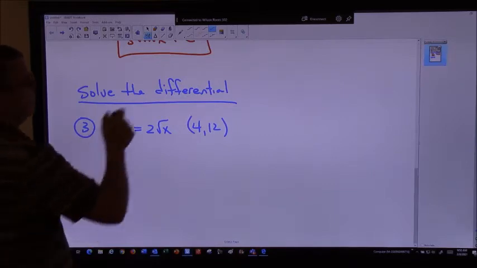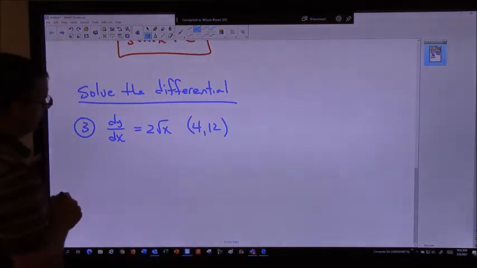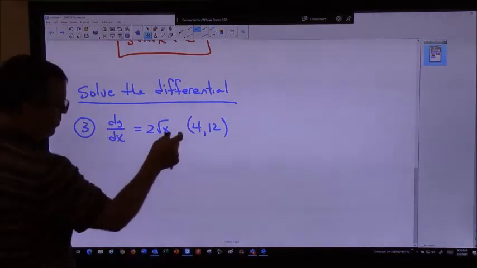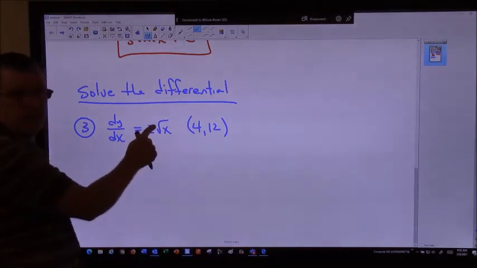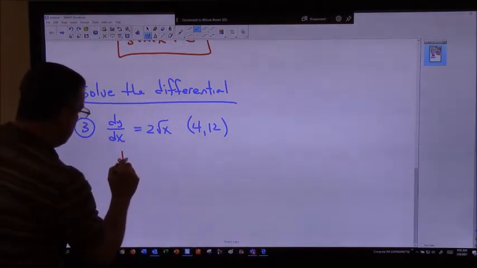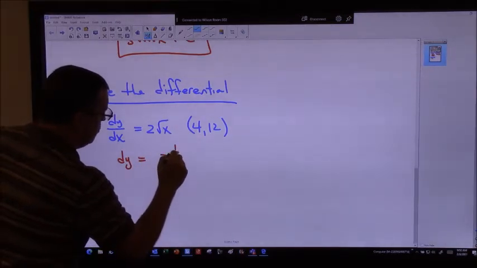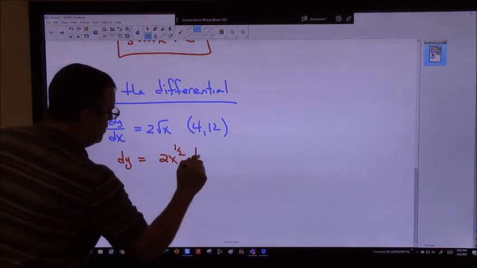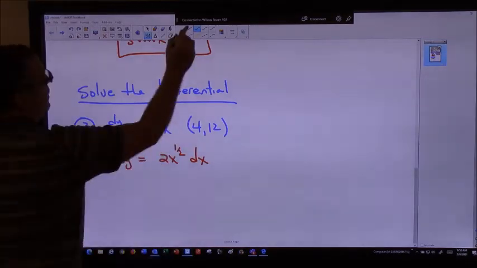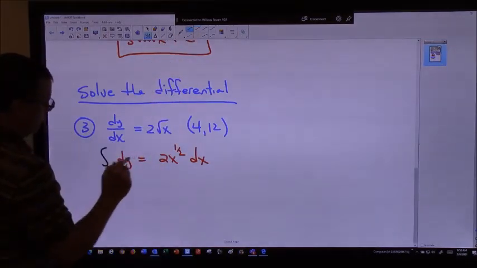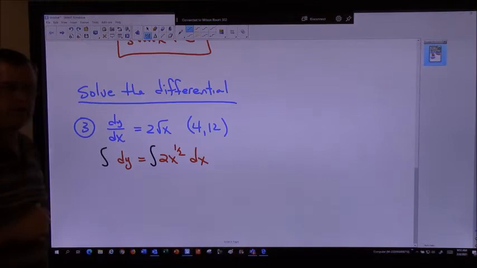And so what we're going to do is move this dx over to this side because that's where our x variables are. So I've got dy equals, I'm going to call this 2x to the 1/2 dx. And then I want to integrate both sides.